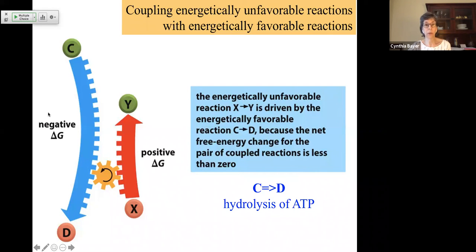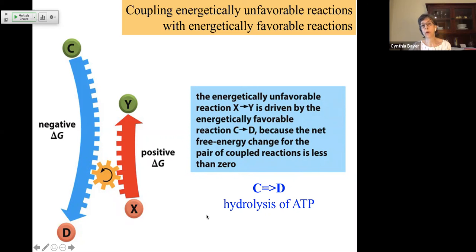The reason is negative delta G: more energy is released in conversion of ATP to ADP than conversion of X to Y needs. As long as the positive delta G is less than the negative delta G of ATP hydrolysis, we can couple that hydrolysis to the driving forward of this non-spontaneous reaction.